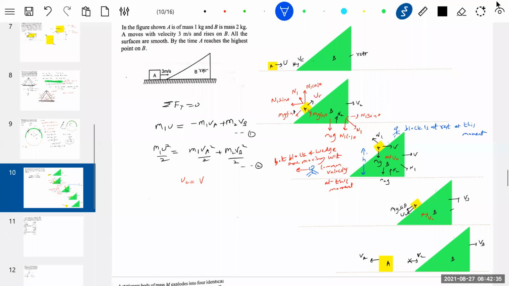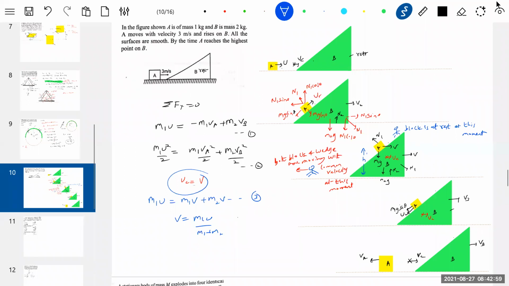Applying again, m1u equals m1v plus m2v, and this v equals m1u over m1 plus m2. This is nothing but the velocity of the center of mass, no? Any reason for that? The net force on the system along the x-axis is 0.